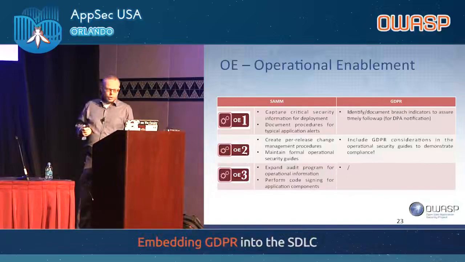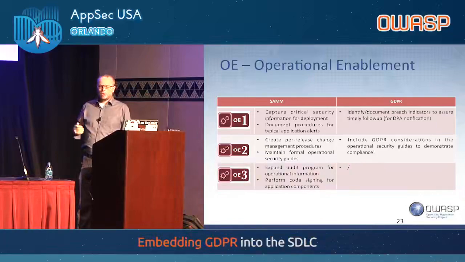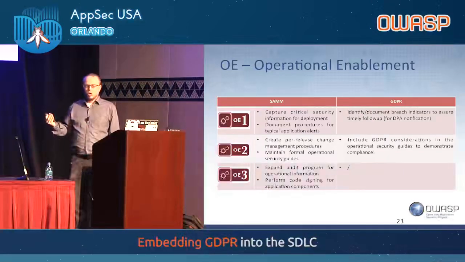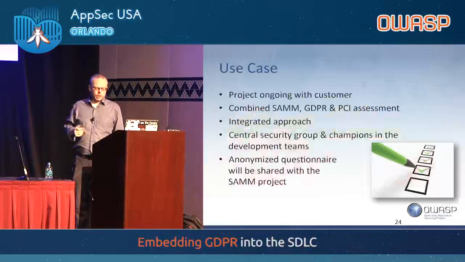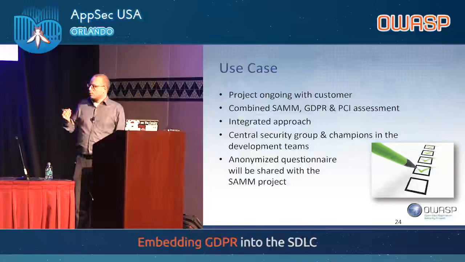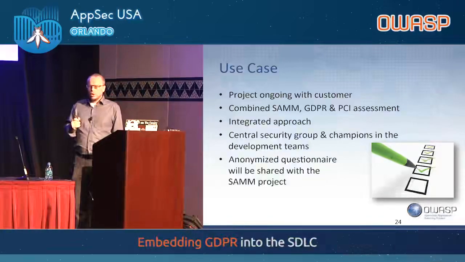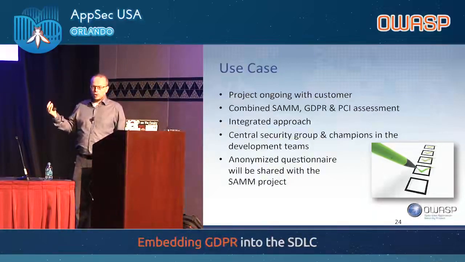So that was quite quickly, we went through the 12 domains where we mapped the GDPR actions that you need to do on the SAM project. Now, how did this come about? Well, the first time we encountered this is when our customers started asking for it. And at a certain point, we had an ongoing project with a customer that did not only involve SAM assessment, but they also had some PCI regulation that they needed to comply with.